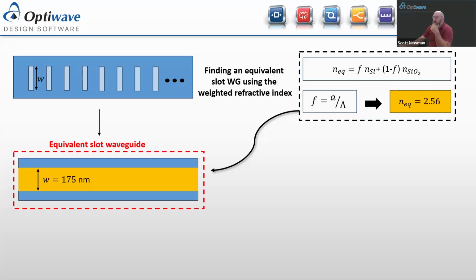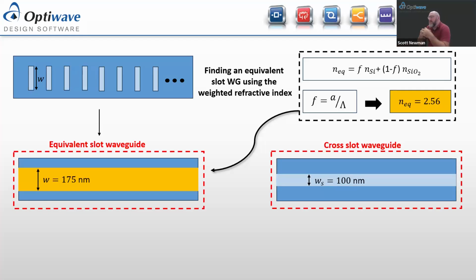So this sub-wavelength grading is now converted to an equivalent slot waveguide, and then we can compare it to the actual cross waveguide, which is a slot waveguide.